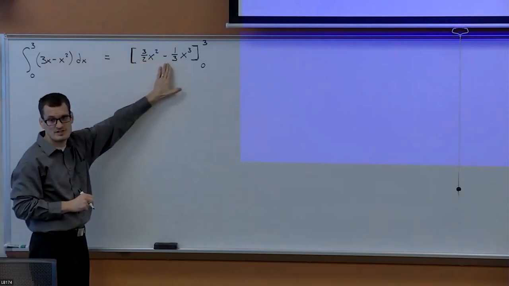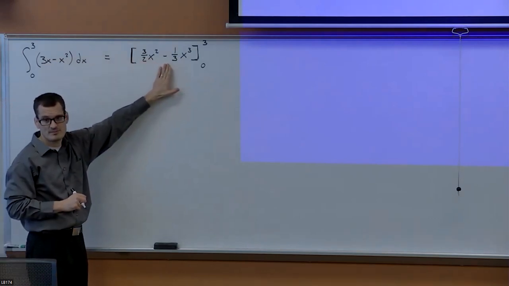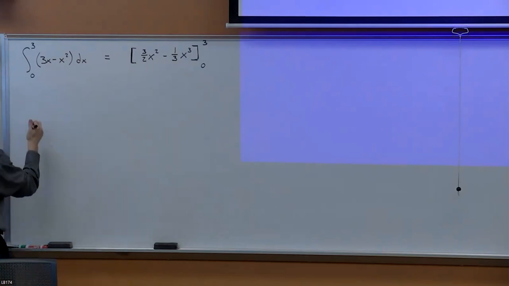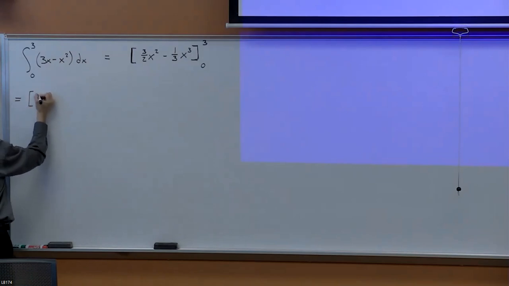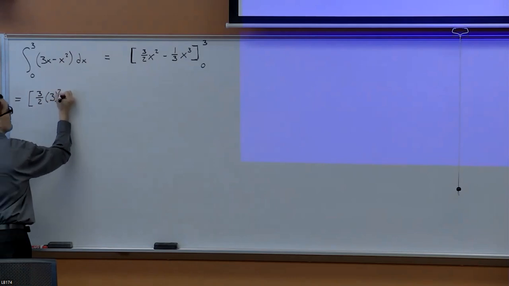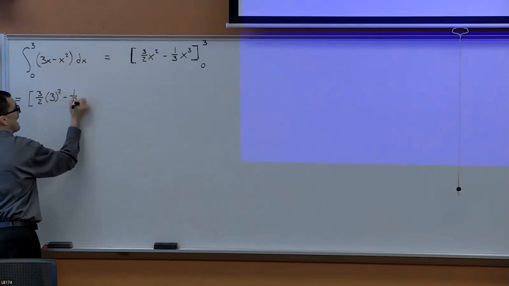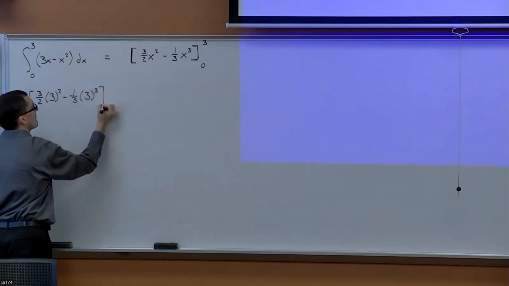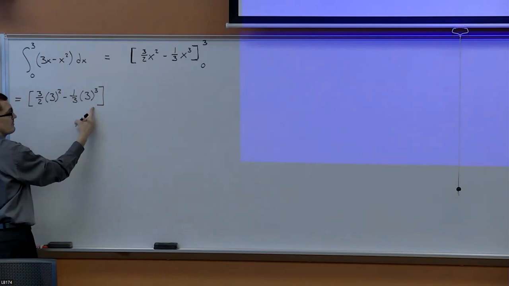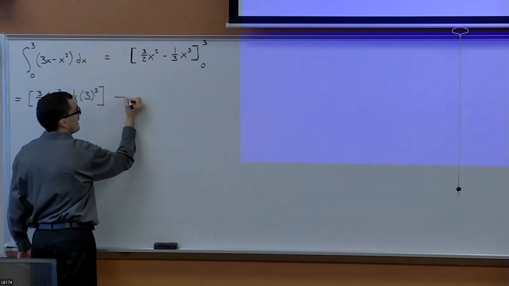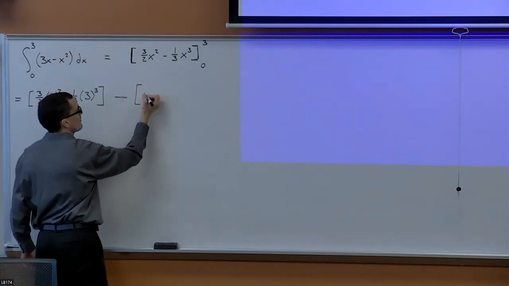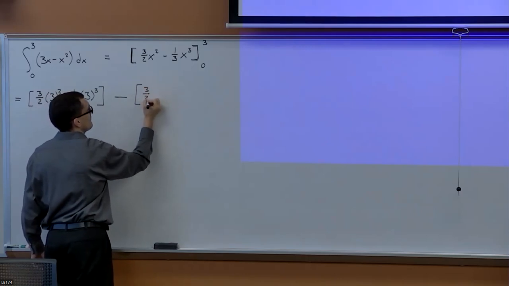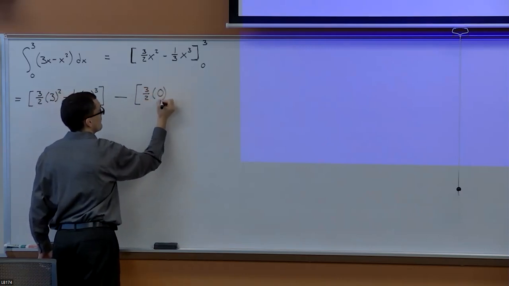This is post finding the antiderivative. So now I'm going to plug in 3 into my antiderivative. That's what I get when I plug in 3. And then I have to subtract what I get when I plug in 0 into the antiderivative.